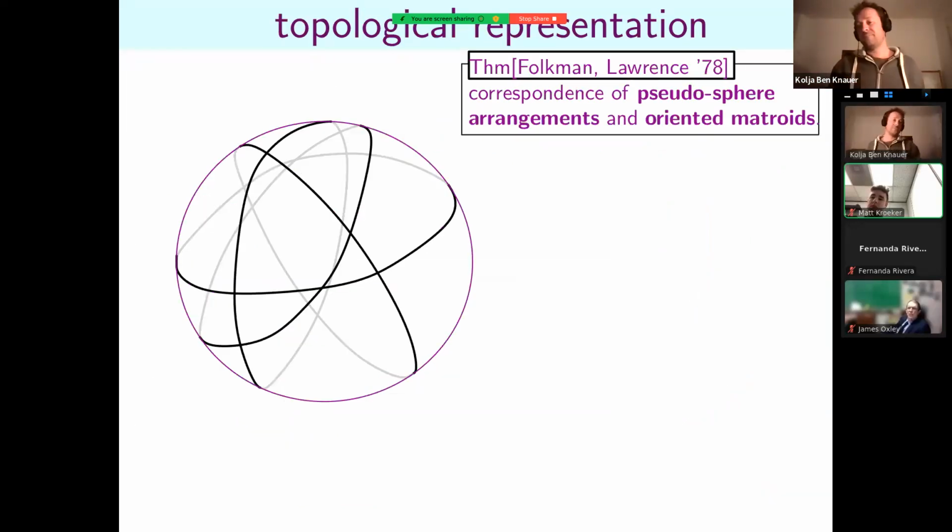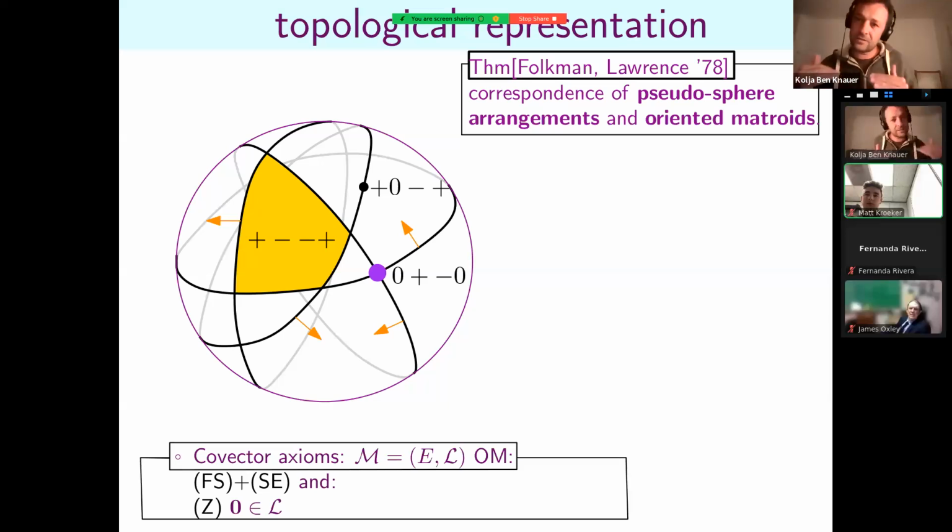For oriented matrices, there's a famous theorem called the topological representation theorem, which says that basically every oriented matrix I can represent by taking what is called a pseudosphere arrangement. I take a sphere in some dimension, and I take some spheres of one dimension lower that behave like straight circles on this sphere, but they are not really straight. They can be a little bit perturbed. Each of them cuts my big sphere into two parts, and I can decide which is the positive and which is the negative part.